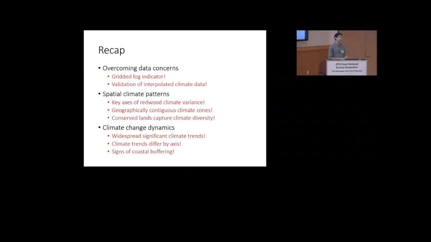We're able to validate the use of these global climate data sets, the PRISM climate interpolated data sets, here in coastal California, to uncover these dominant spatial patterns of climate variation across the Redwood range, classify those into discrete climate zones, and then understand how climate change is affecting these patterns already in observed climate change over recent decades. So that is all.